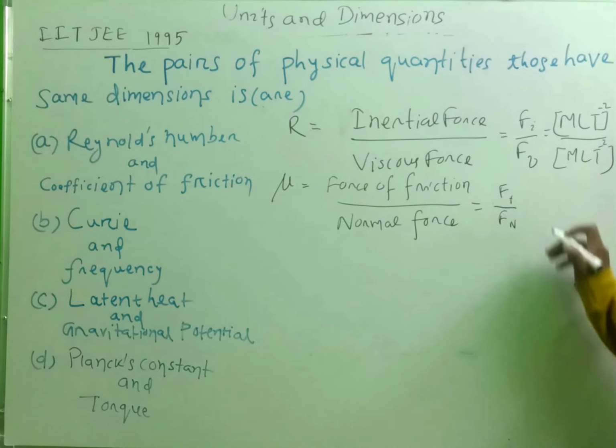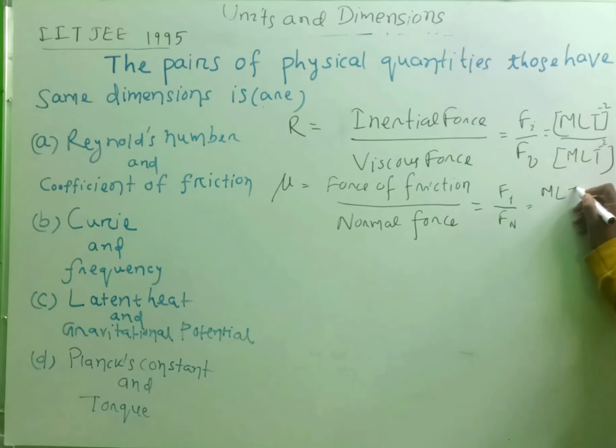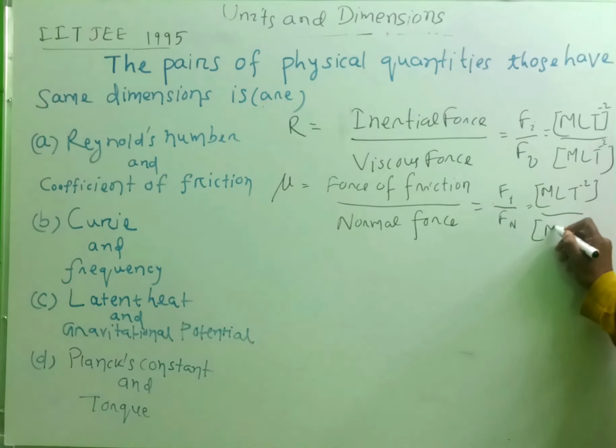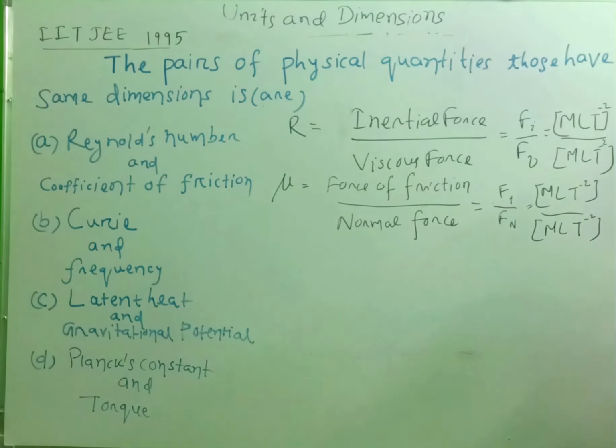Okay, student. Then this is also MLT^-2. The dimensions of frictional force and of normal force are both MLT^-2. So mu, the coefficient of friction, is also dimensionless, or has dimensions M^0 L^0 T^0.